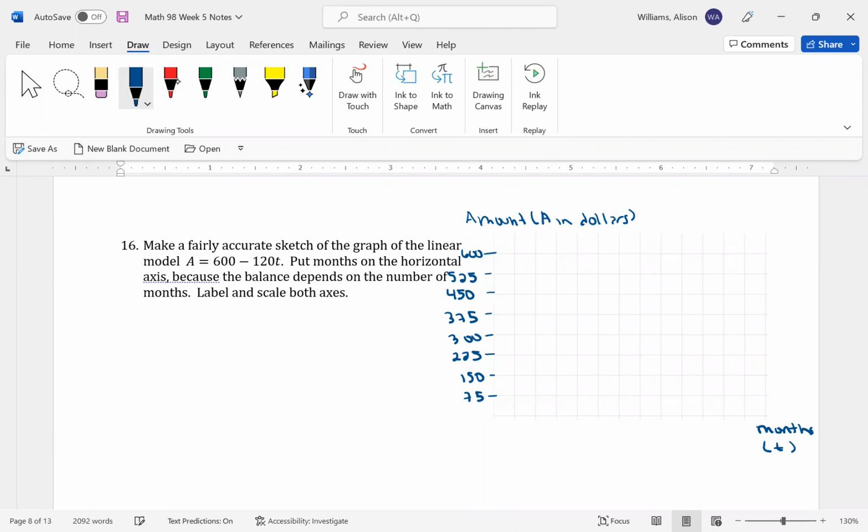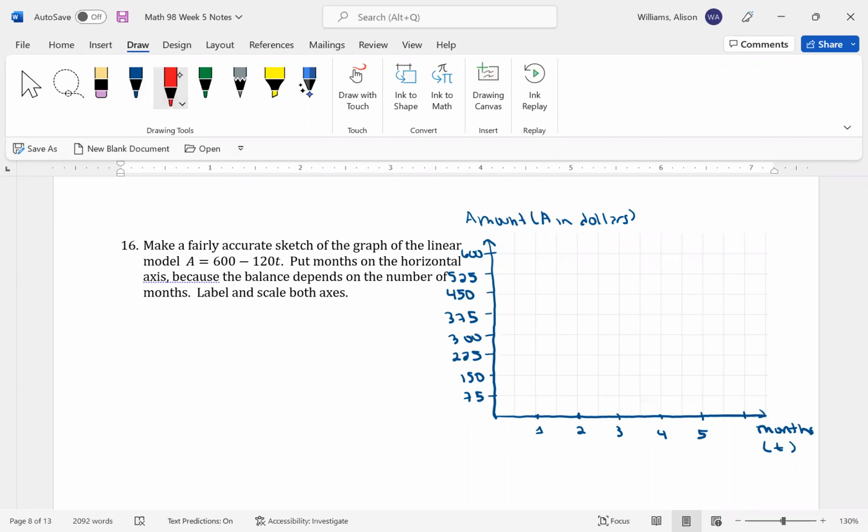So in other words, I'm going to do every 2 of them is 1. 2, 3, 4, 5, just because I have the room. All right, there we go. So there's my axes. I've labeled them. I've scaled them. I'm ready to graph.